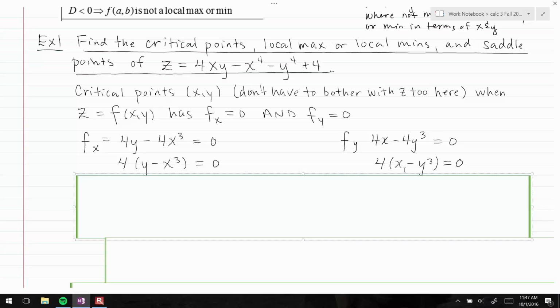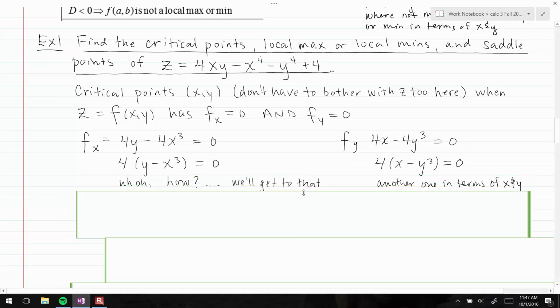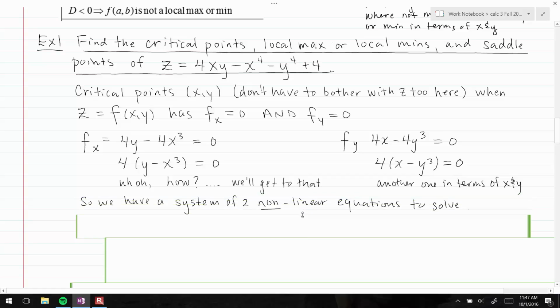You might be thinking, oh yeah, that's easy. But notice something: we are not dealing with a linear situation. When you have two linear equations and two unknowns, you can solve that for sure. These are not linear because you've got the cubes in there, and it's in terms of two variables. So this is where the algebra can get a little tricky.